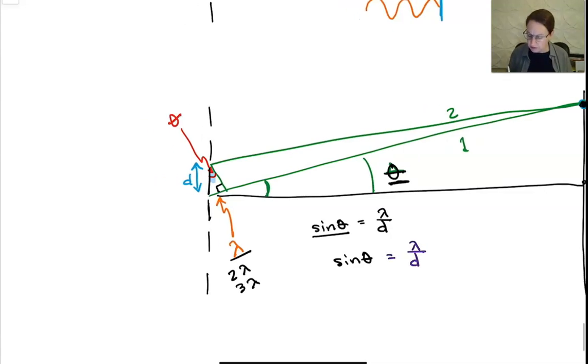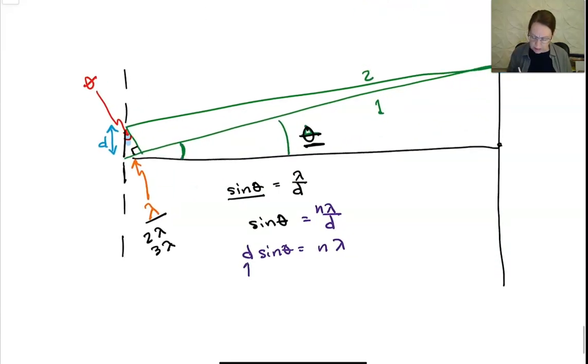Often it's written as d sine theta equals n lambda, where again d is our spacing between the slits, and lambda is our wavelength of the light, the color of the light.